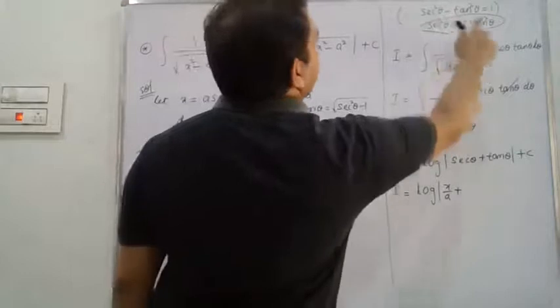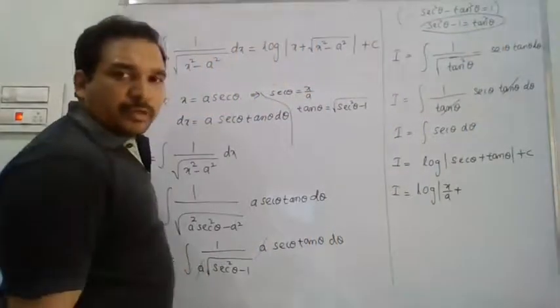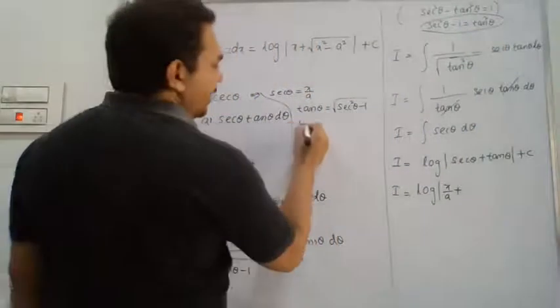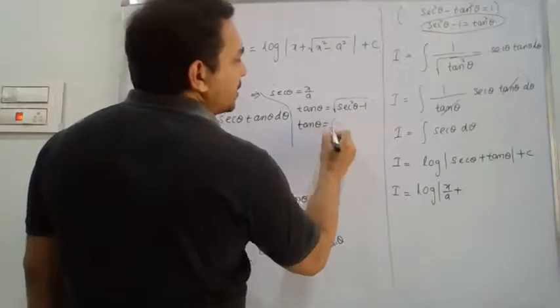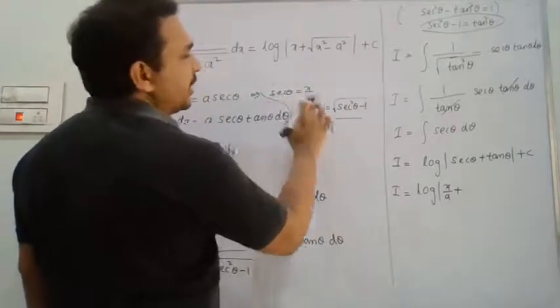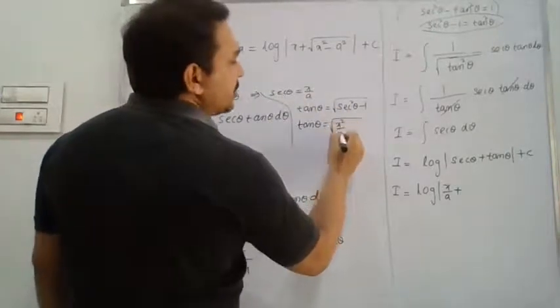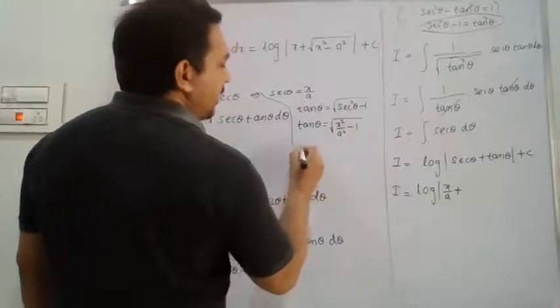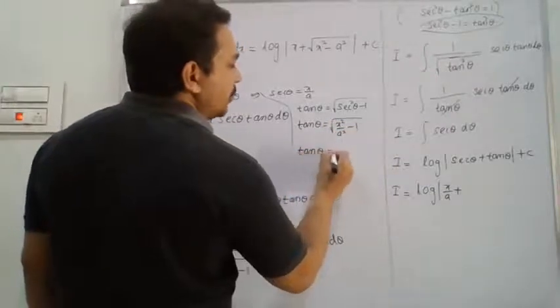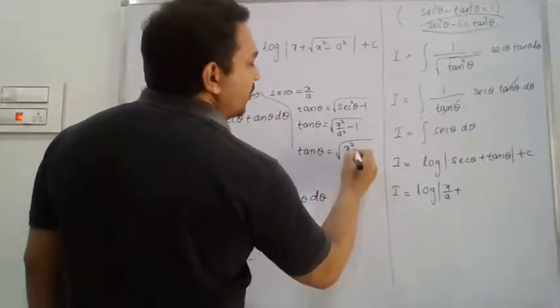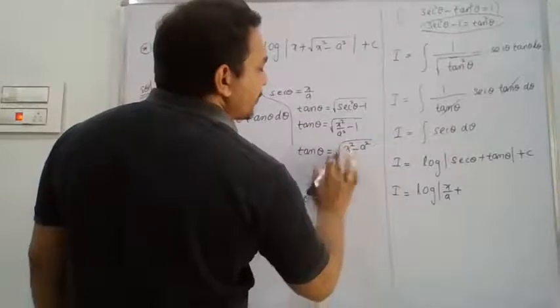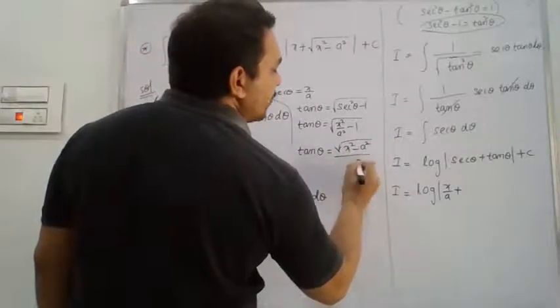Apply the square root on both the sides. Tan theta is equal to square root of secant square theta minus 1. So tan theta is equal to, already secant theta means x by a, secant square is x square by a square minus 1. Take the LCM. Tan theta is equal to square root of x square minus a square by a square. But square root of a square is a only, no?